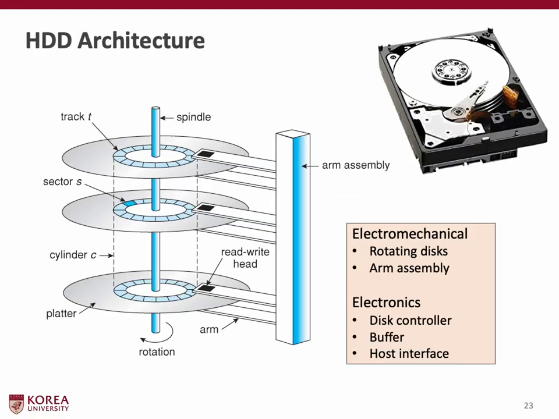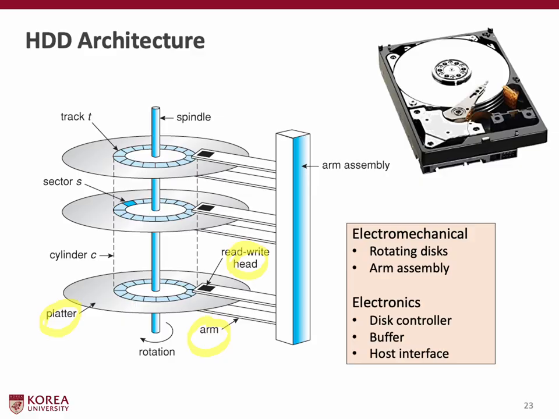And the next figure shows the architecture of a hard disk drive. Basically, the hard disk drive is an electromechanical device, which means that it has both electrical and mechanical parts. First, it includes spinning platters that store data, an arm that moves across the platters, and a read-write head at the end of the arm. So through this head, we can read some data from the disk or write some data to the disk.